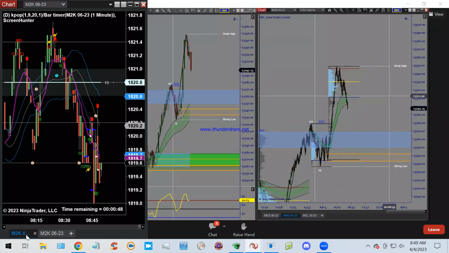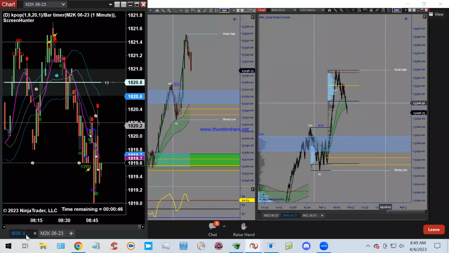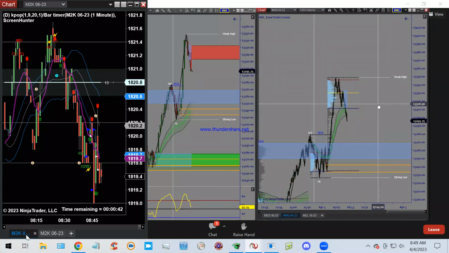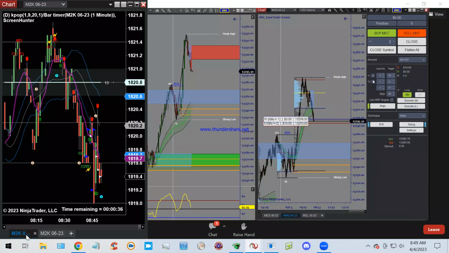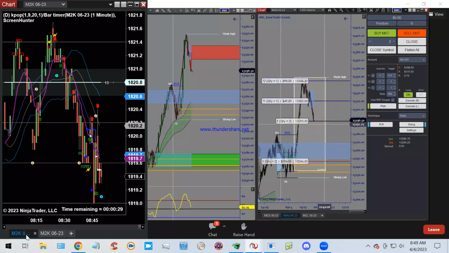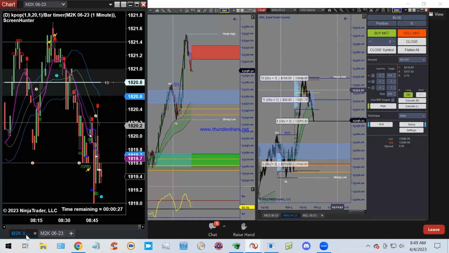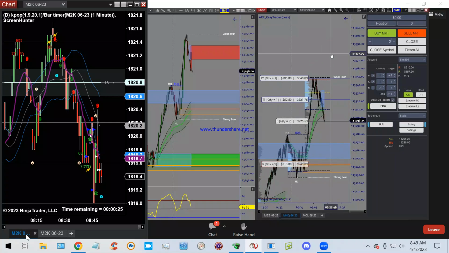It's overshot it. It's a low volume here. So 1-to-1 into those highs.